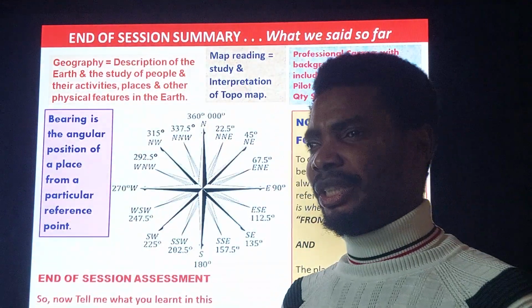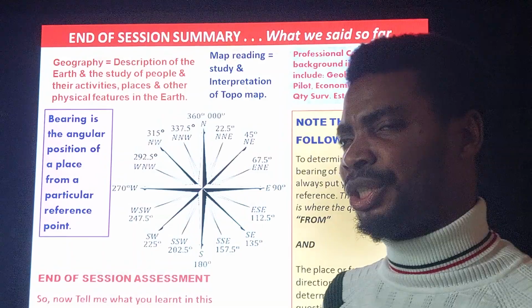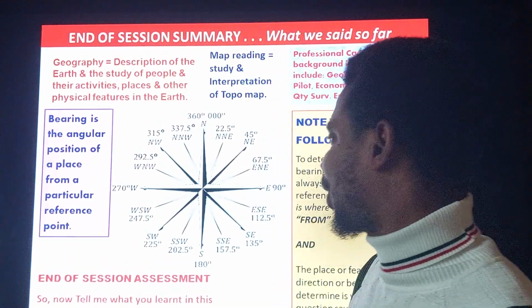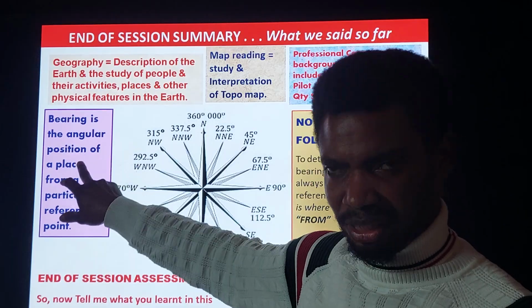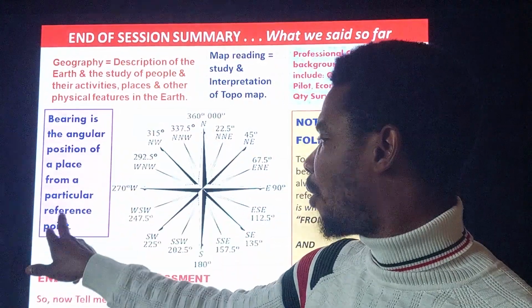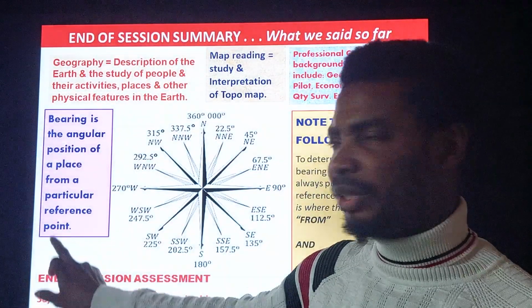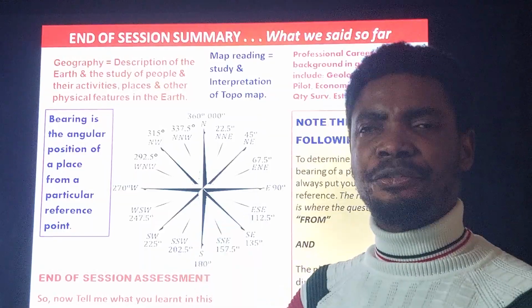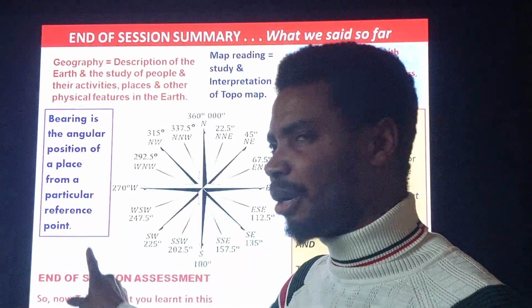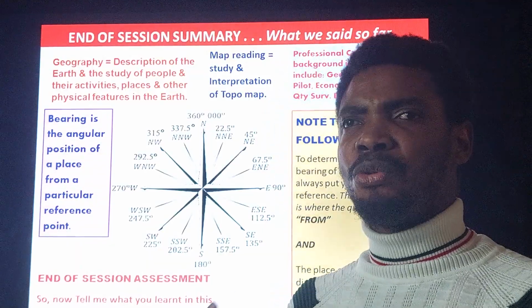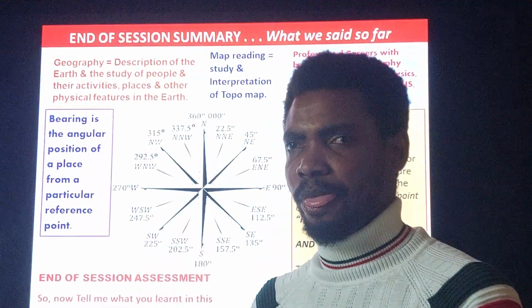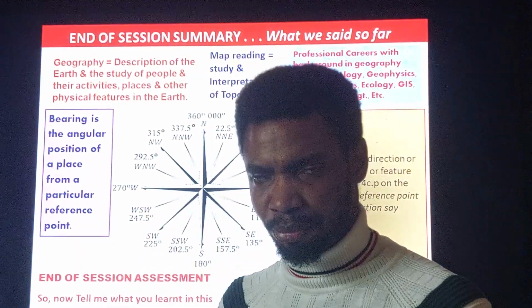Example I gave in that class, I said if they ask you what is the direction of this from this, when they say from, that is where you put your cardinal point. I repeat it again. I said where they say from, that is the place you put your cardinal point.